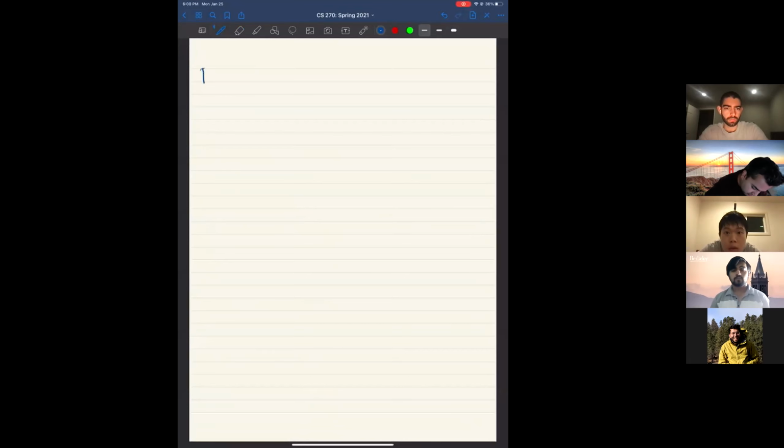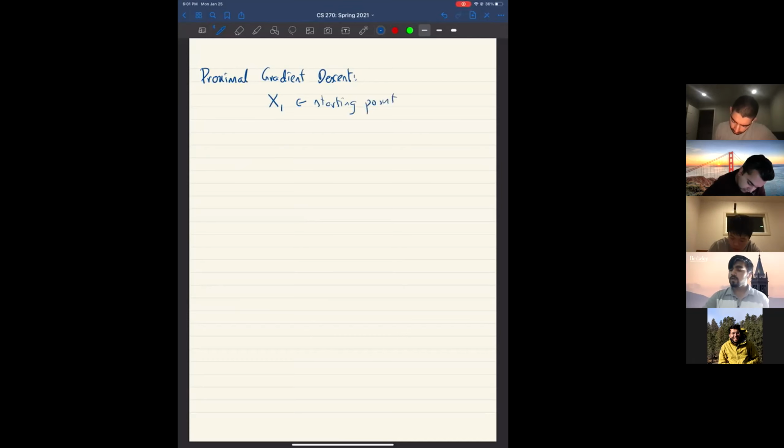This is called proximal gradient descent. So what's this version? The idea is, of course, you have a starting point, x1. How do you calculate the new iterate?